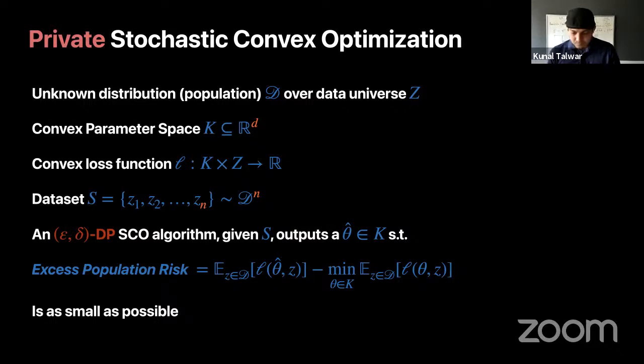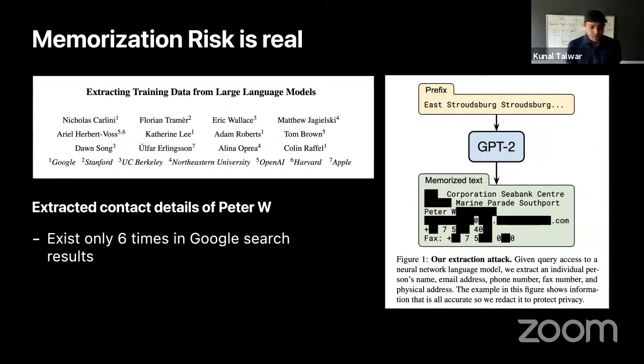Good. Okay, I probably don't need to motivate why we want to train differentially private machine learning models, but I'll say it anyway. We know that when you train machine learning models, they can contain information about the training data, and this may be undesirable in many settings, especially if the data contains sensitive information.